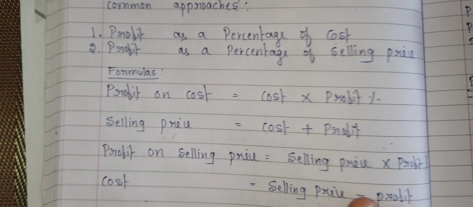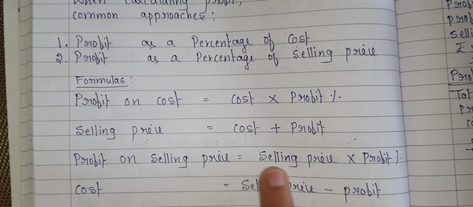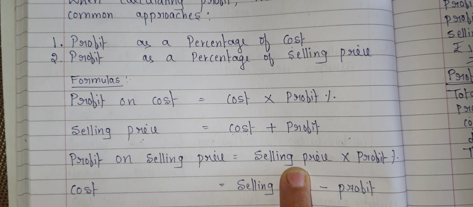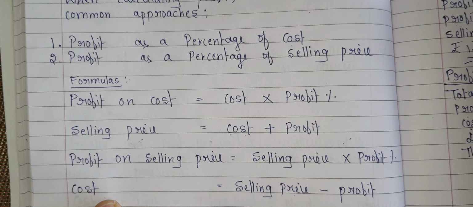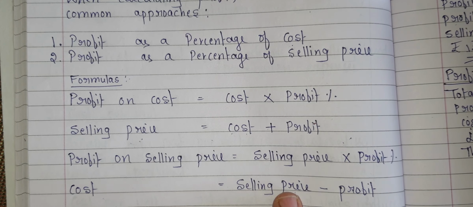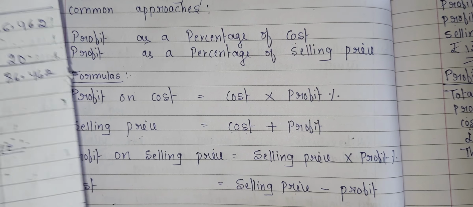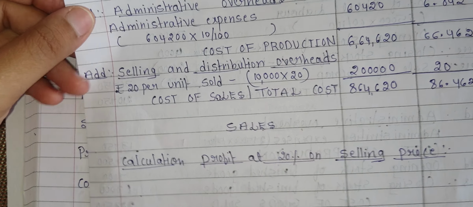See here. Profit on selling price means selling price into profit percentage, but we don't know the selling price. So we have to utilize this formula: cost equals selling price minus profit. Clear? So write down the calculation of profit at 20% on selling price.